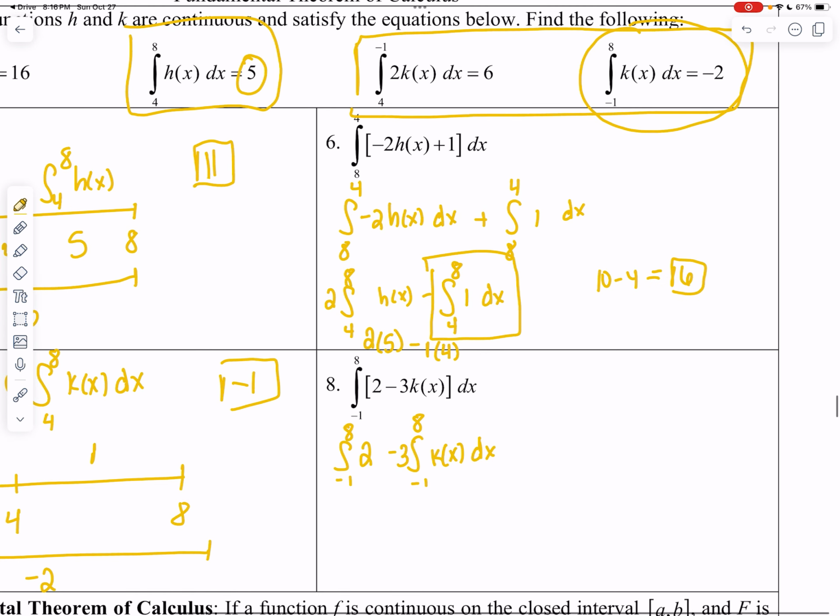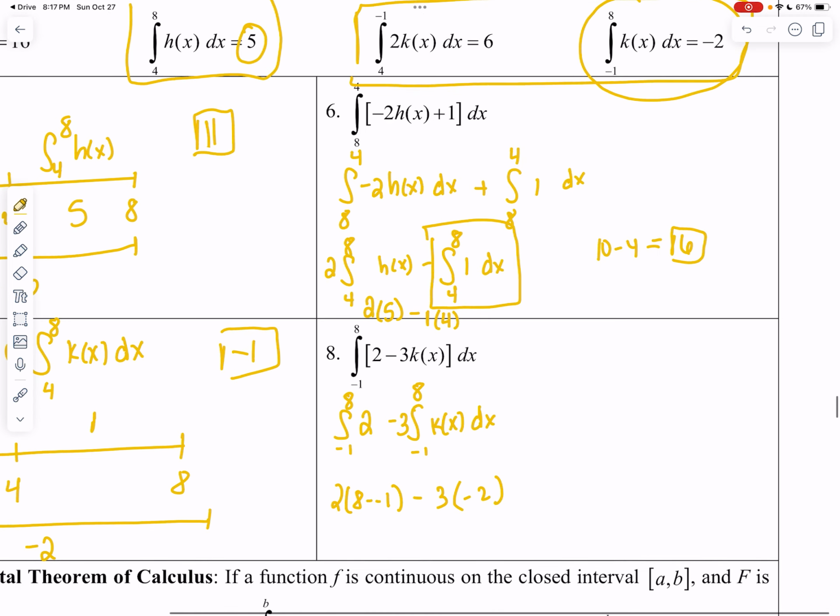So I have 2 times 8 minus -1, minus 3 times -2. This right here becomes 9. This becomes +6. So then our answer is just 2 times 9 plus 6, or 24.